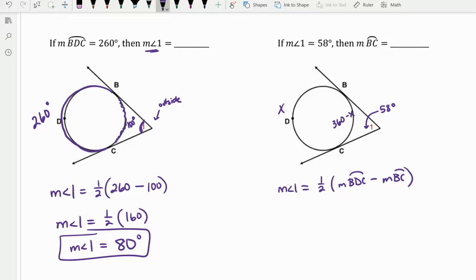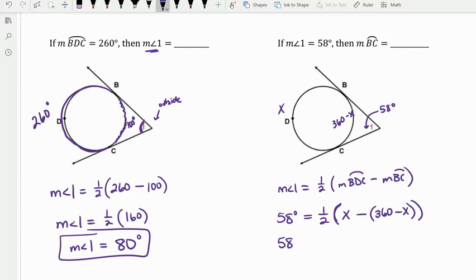It doesn't matter which arc you make x. Okay, so then my measure of angle 1 is 58 degrees. I used x for the big arc. And then I'm going to do, and be careful on your signs here, minus 360 minus x. I'm putting that in parentheses because I have to subtract the whole thing.